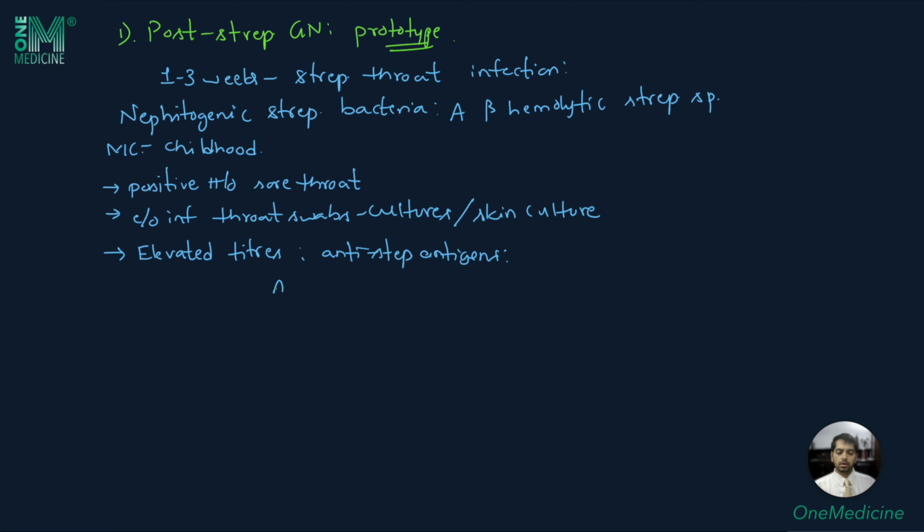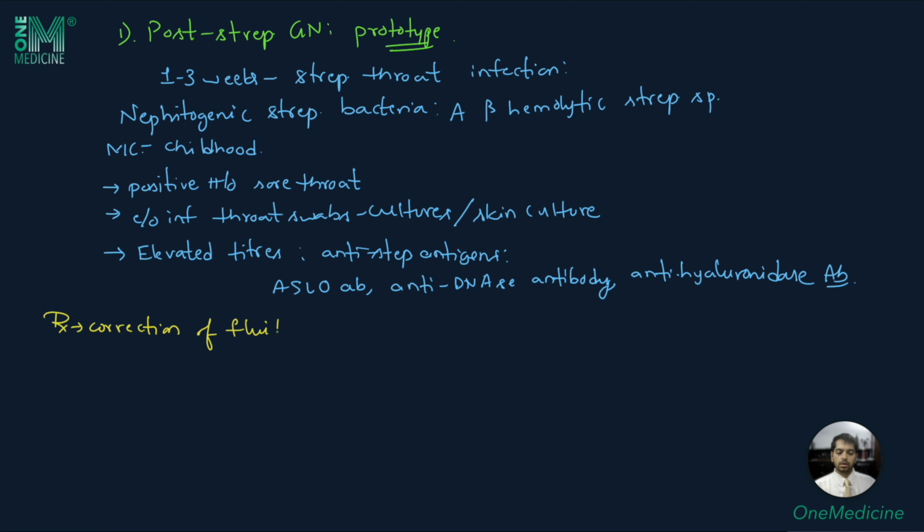These include anti-streptolysin O antibodies, anti-DNase antibody, and even anti-hyaluronidase antibodies. Treatment usually involves correction of fluids and electrolytes. In most cases, it is self-limiting.